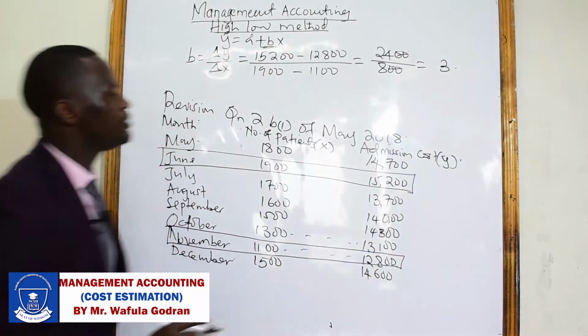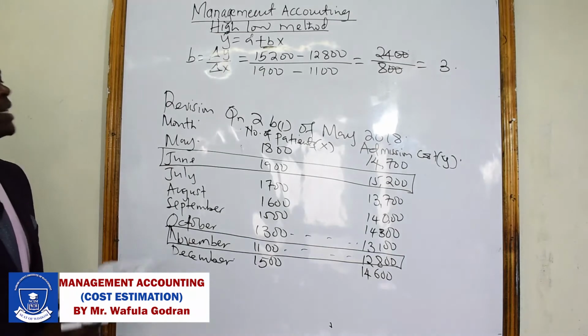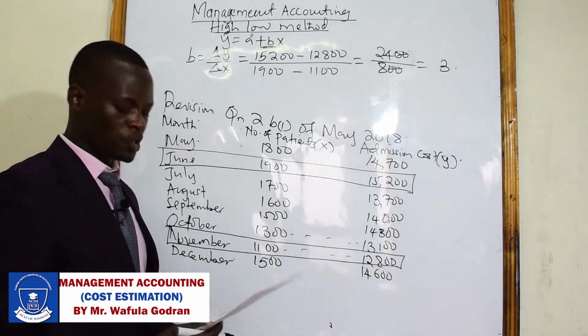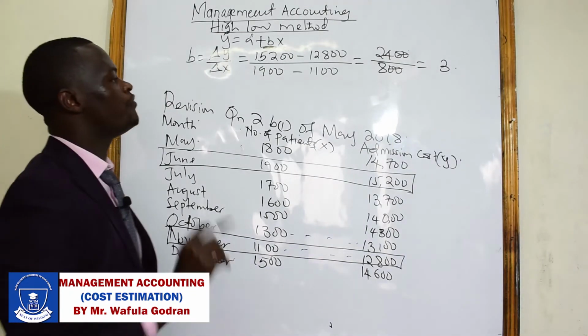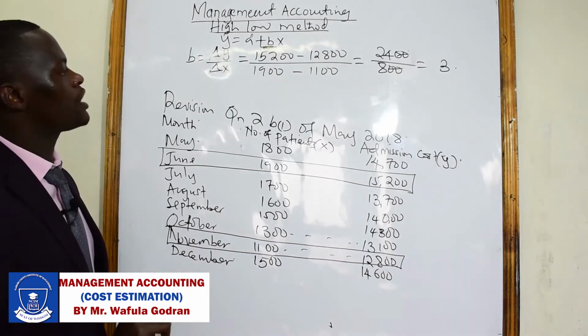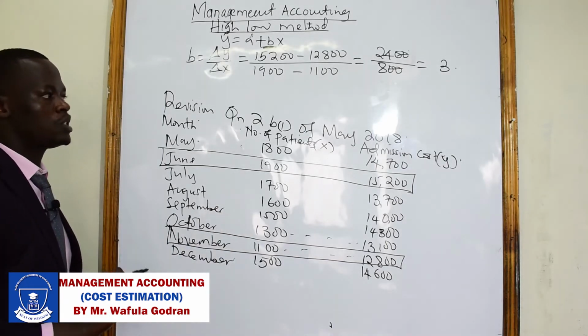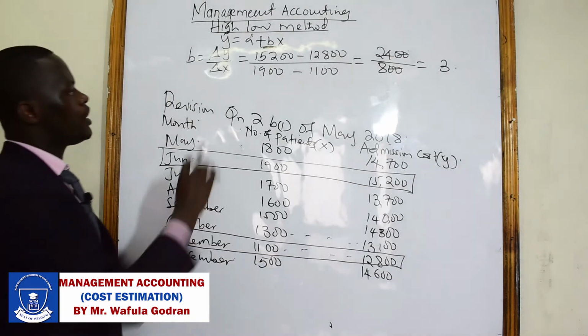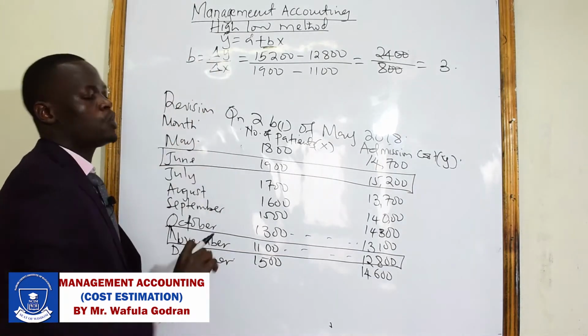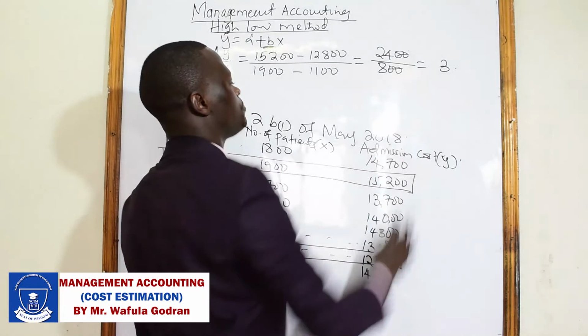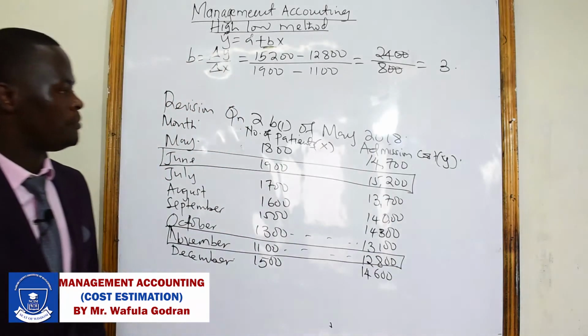So that 3 becomes our constant, and that is the variable cost per unit. We have already established the variable cost per unit is 3 shillings for every patient that is admitted.